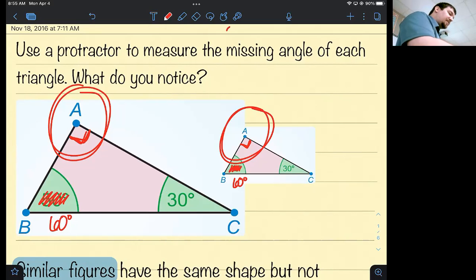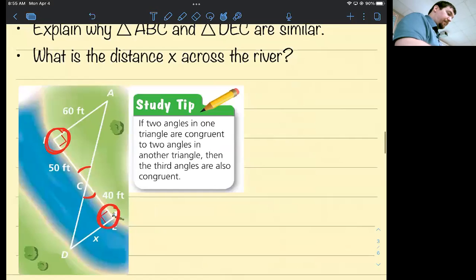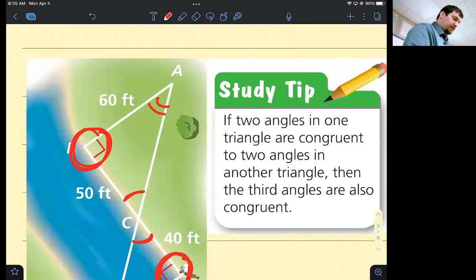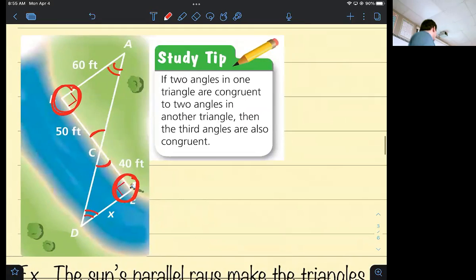So there's a theorem that you guys will talk more about next year, though I'm introducing it this year. You need all three angles to match up, but if you can prove two of them match up, the third pair automatically matches up. So angle A and angle D have to match up. I know this is 90.